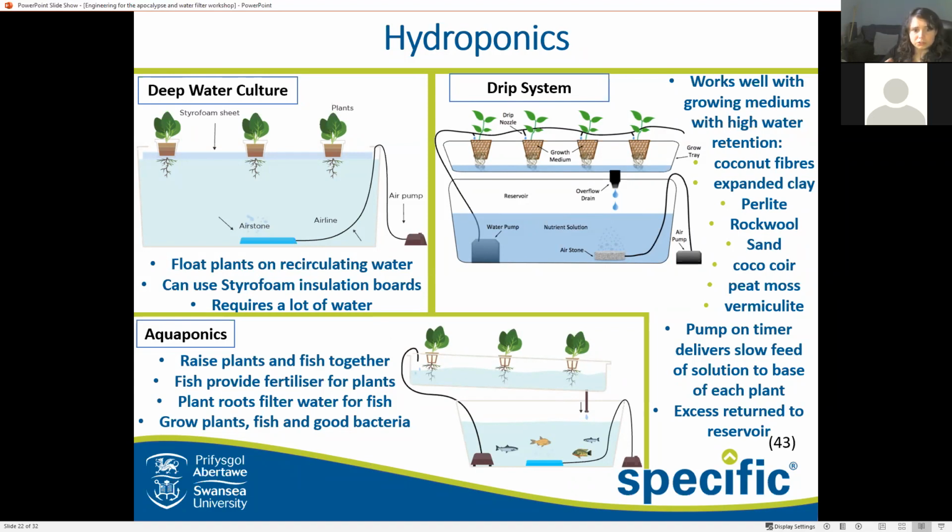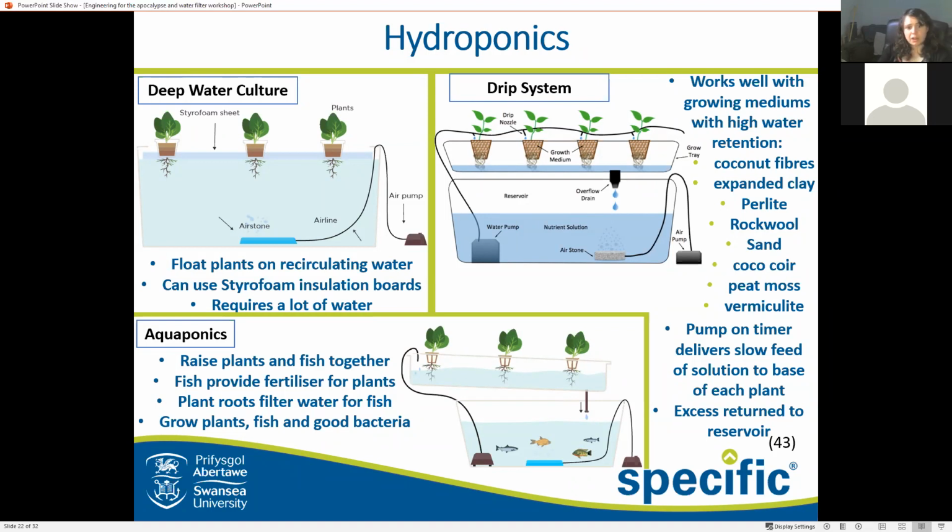An alternative system is also the drip system. So to minimize the water required, grow mediums with high water retention, such as coconut fibers, expanded clay, perlite, rockwool, sand, coco, peat moss, vermiculite, quite a few things. So anything which has a high water retention can be used to hold the root systems in place.